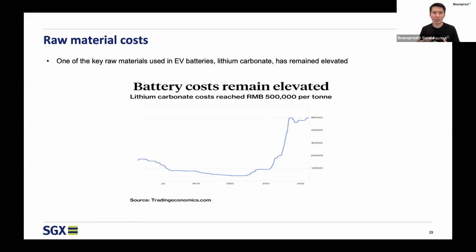But all of that is actually not good for the profitability of the EV makers. So we'll continue to keep a lookout to see whether the price of lithium will start coming down. But at least for now, based on the last time that we checked, which was this morning, it still remains at a very high level.